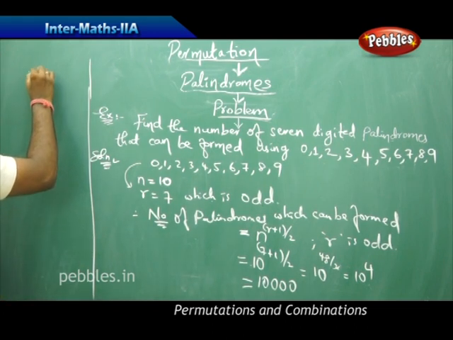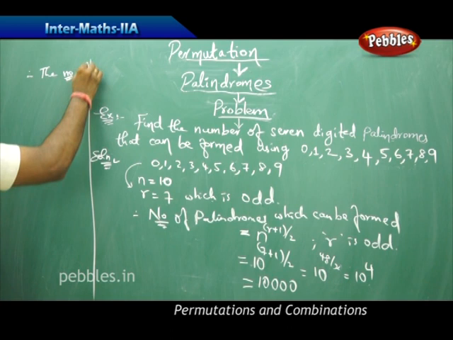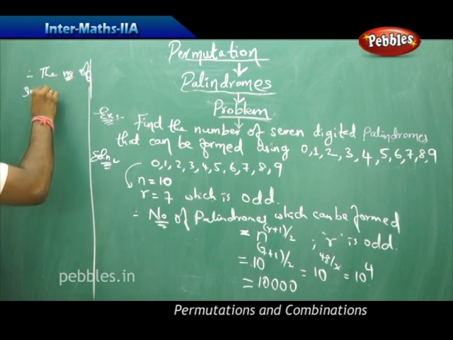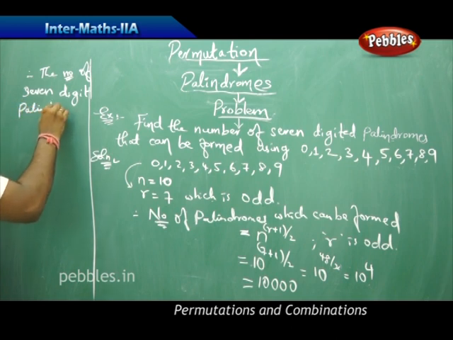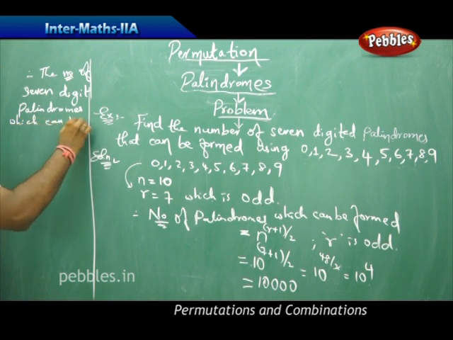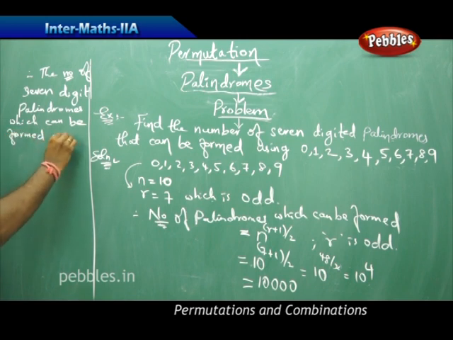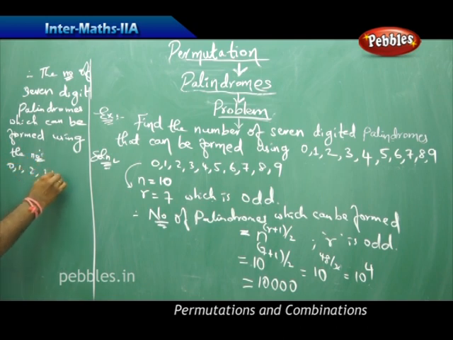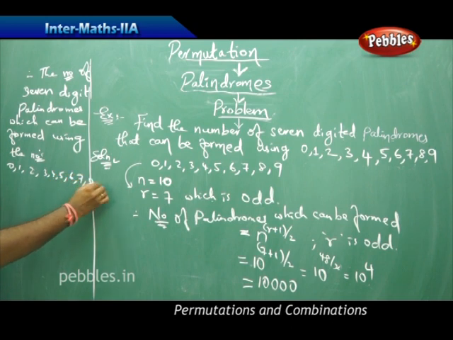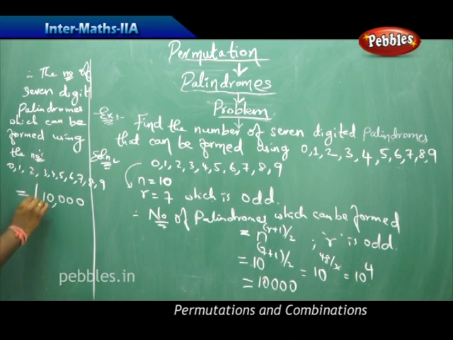Therefore, the number of 7-digit palindromes which can be formed using the numbers 0, 1, 2, 3, 4, 5, 6, 7, 8, 9 is 10,000.